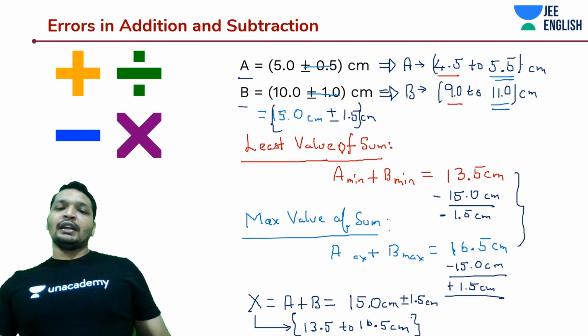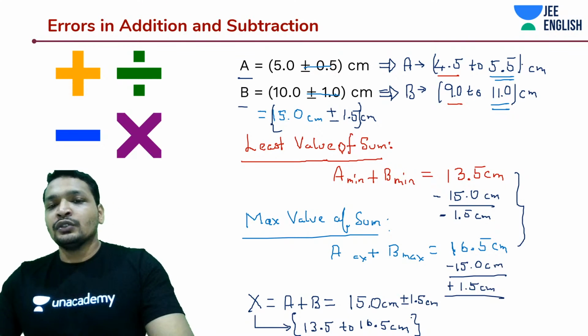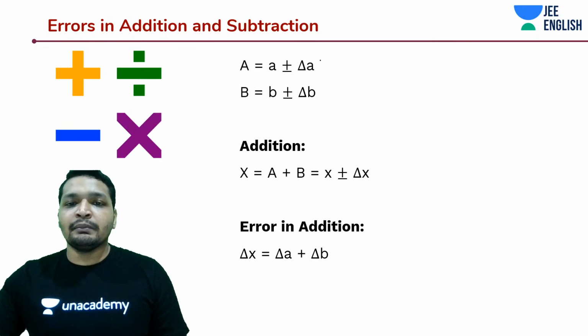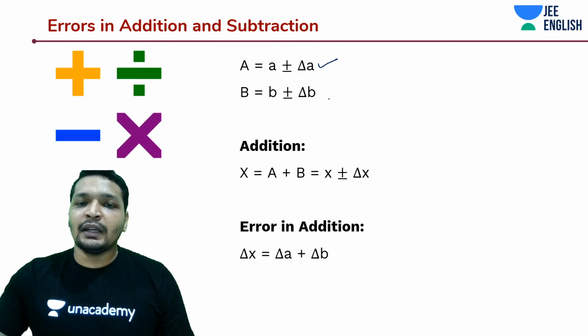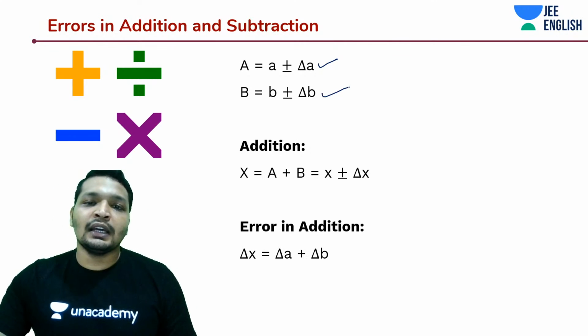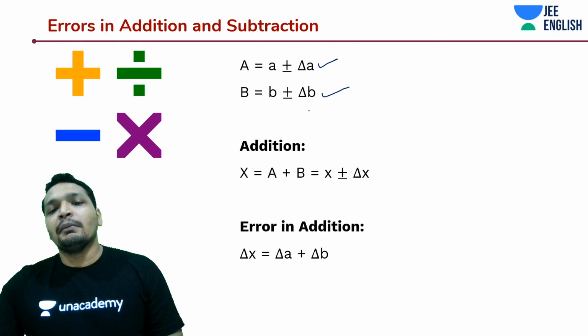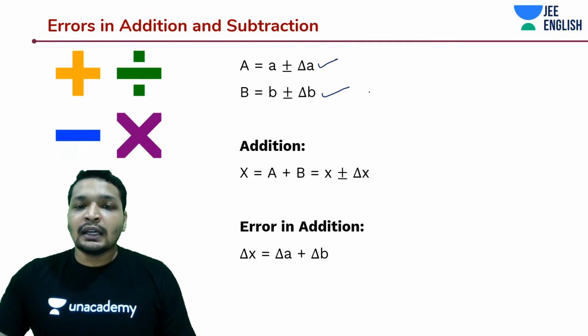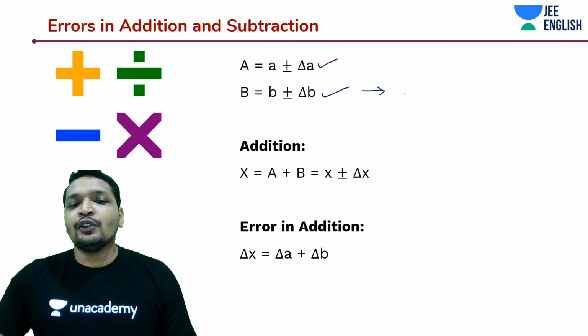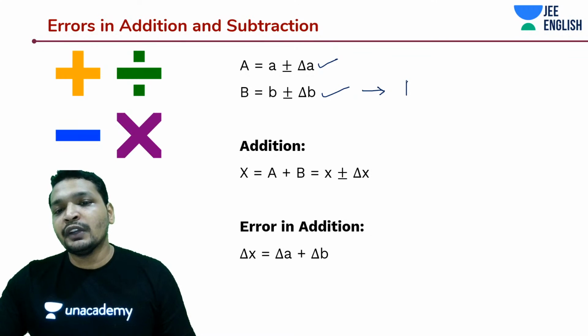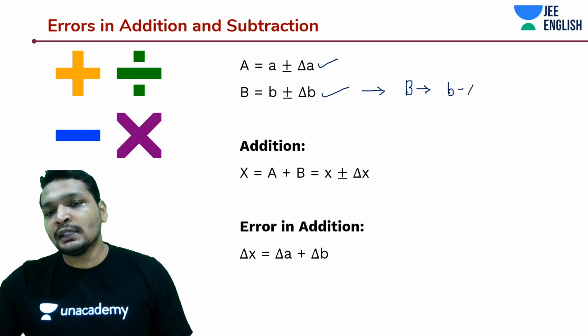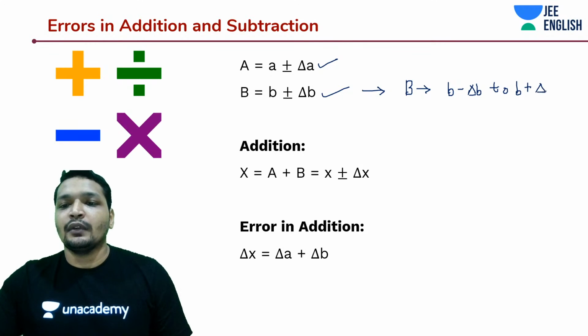So that means given quantities A and B, A is nothing but a plus or minus delta A, and B is nothing but b plus or minus delta B. What does this say? That the value of B should lie between b minus delta B to b plus delta B.